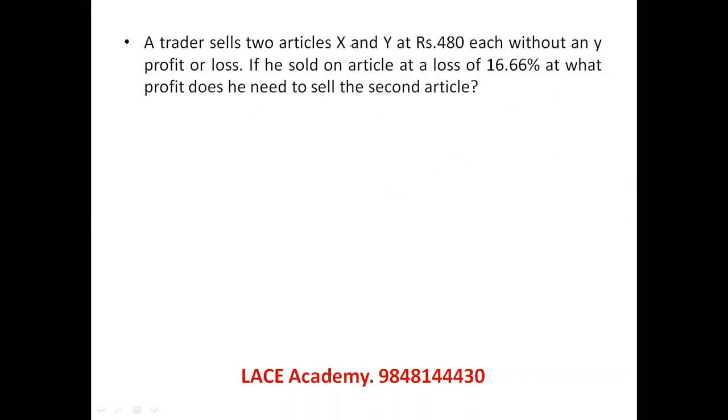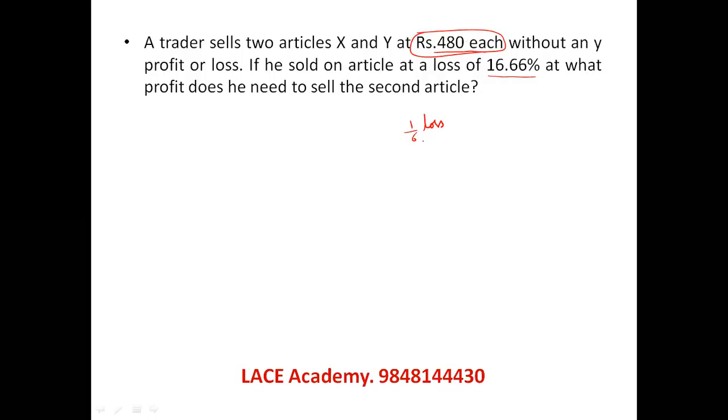A trader sells two articles X and Y at 480 rupees each without any profit or loss. If he sold one article at 16.6%, which is 1 by 6 loss, at what profit does he need to sell the second article? Actually, by selling at 480 each, if you are getting no profit, no loss, we are compensating all the things.